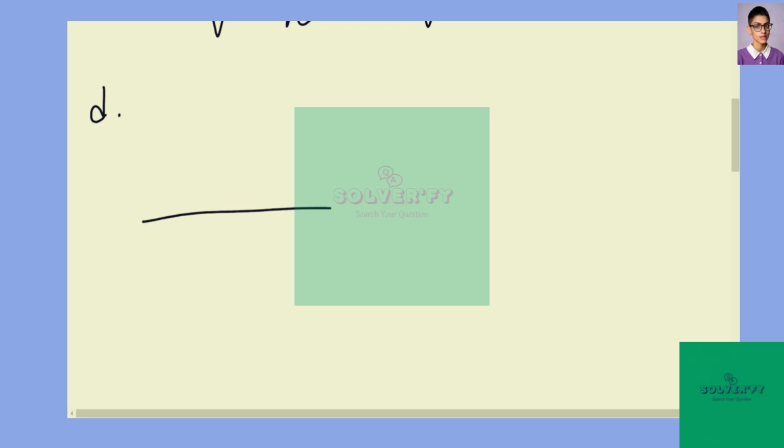Next we will graph this. We have a mean of 0 and standard deviation of 1.